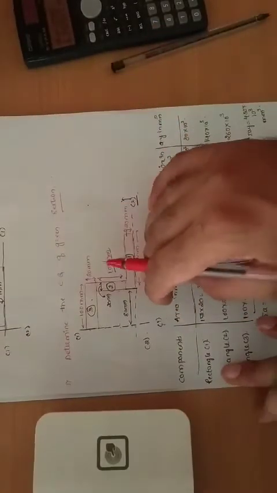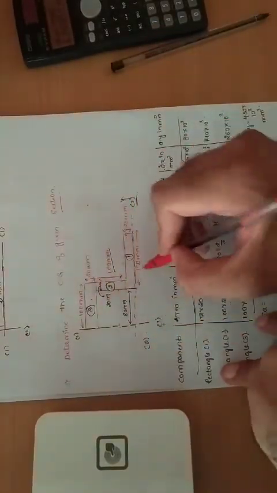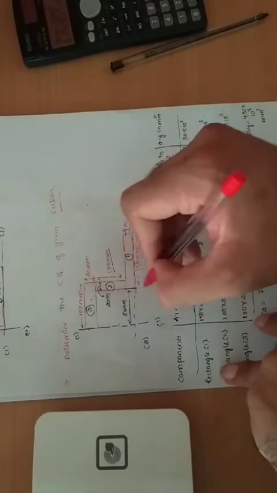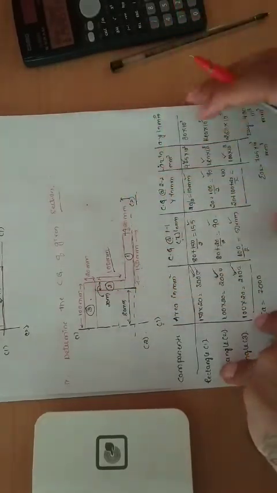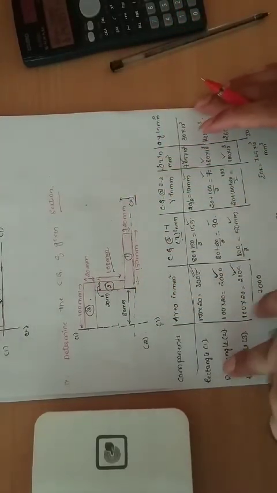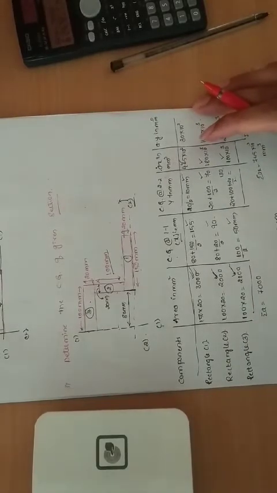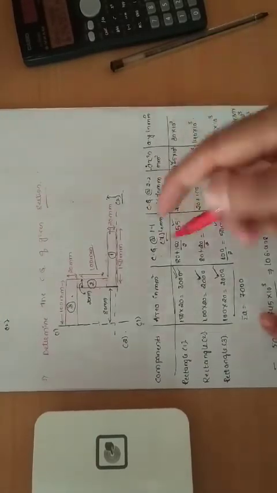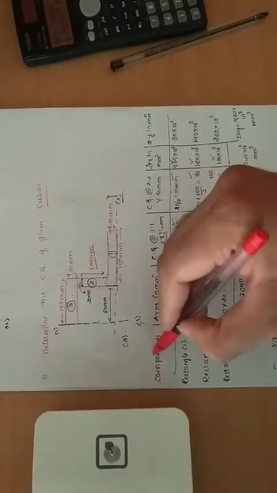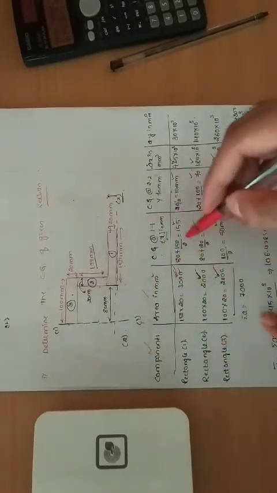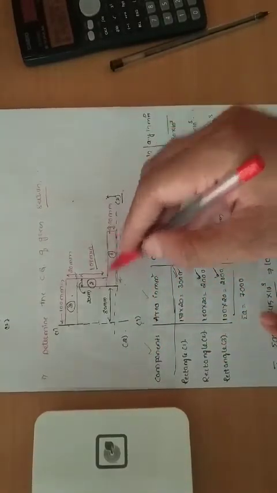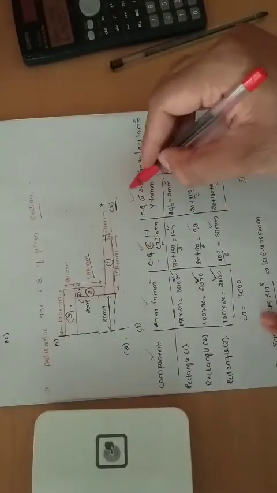As in the previous problem, here also initially we fixed the reference axis and after that we checked the symmetrical axis. There is no symmetrical axis along both axes, so we have calculated with reference to both axes. Component same, area same, CG about 1 with reference to axis 1 and CG with reference to axis 2.